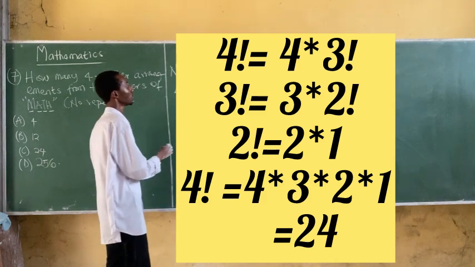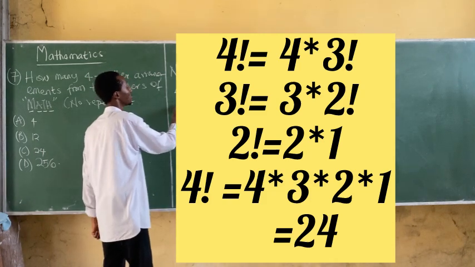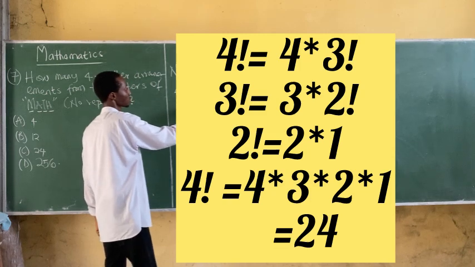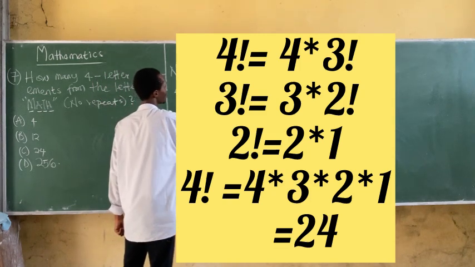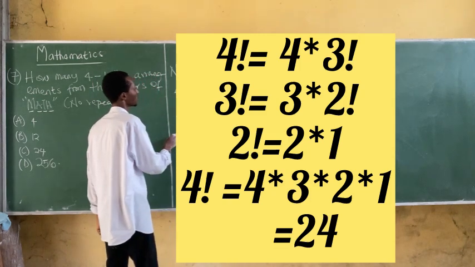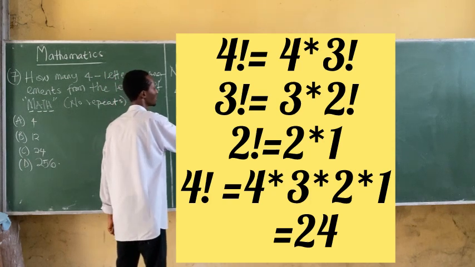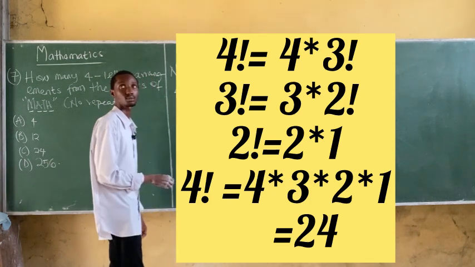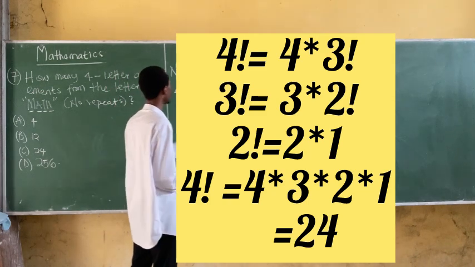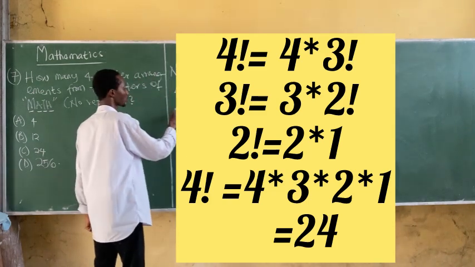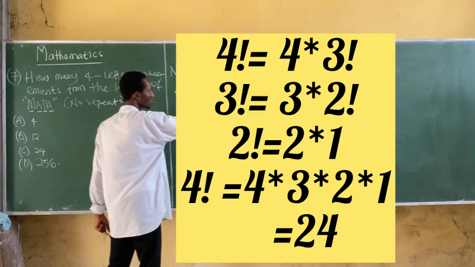Yet 3 factorial here is the same thing as 3 times 2 factorial. 2 factorial here is the same thing as 2 times 1. So when we have 4 factorial here, if you express it in this format, you're correct.